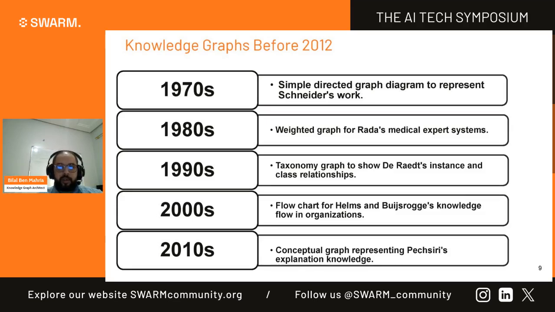Then in the 2000s, people started to use knowledge graphs without awareness of the term knowledge graph, using just flowcharts in order to organize things inside organizations. And then in the 2010s, the term conceptual graph started to appear in order to combine conceptualization with the term graph.